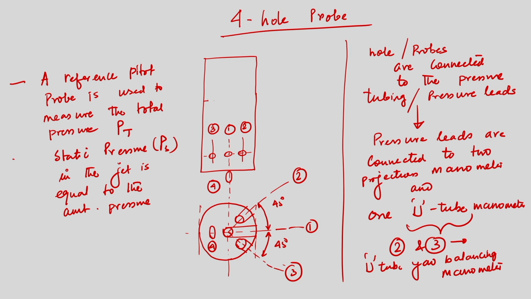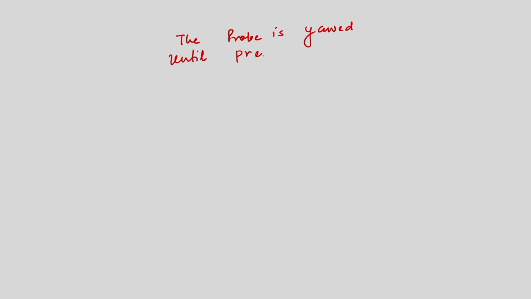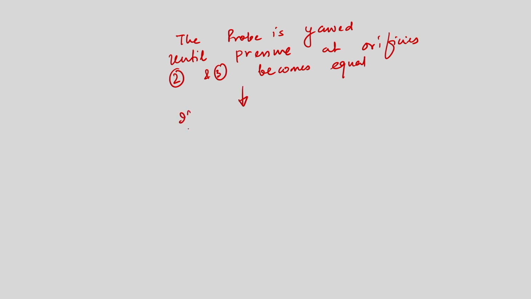So that means I can write now that the probe is yawed until the pressure at orifices 2 and 3 becomes equal, and how do I know that the pressure is equal?